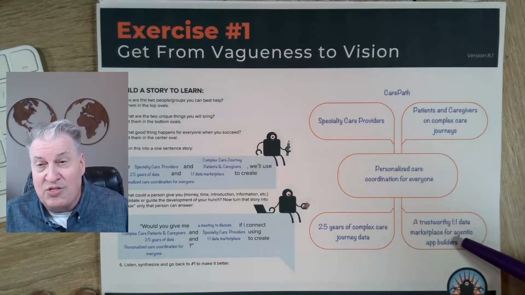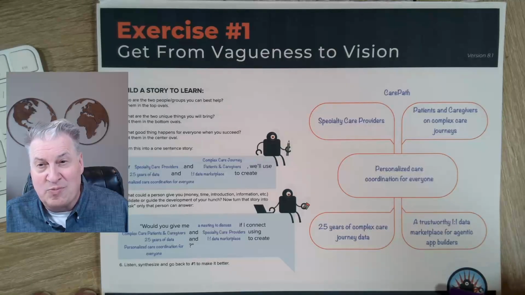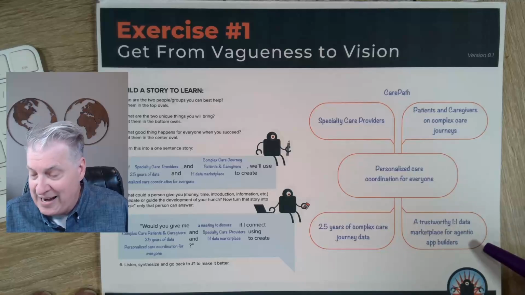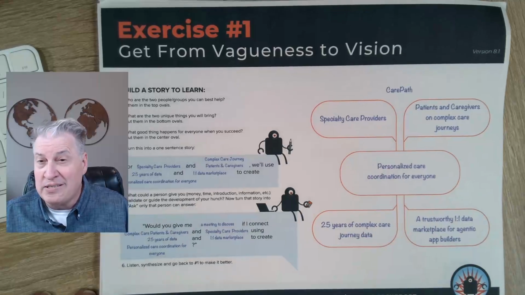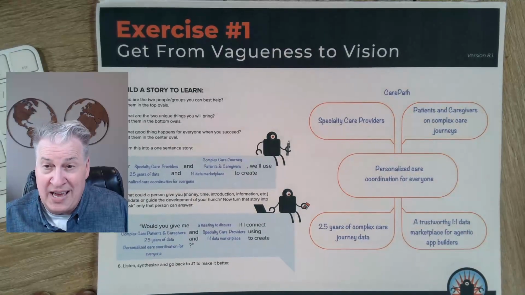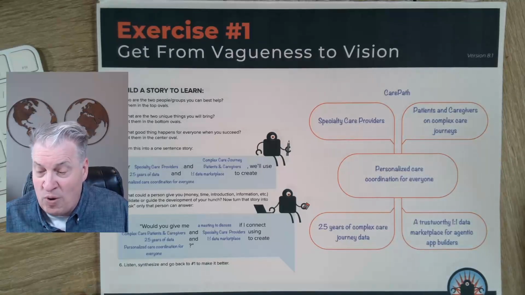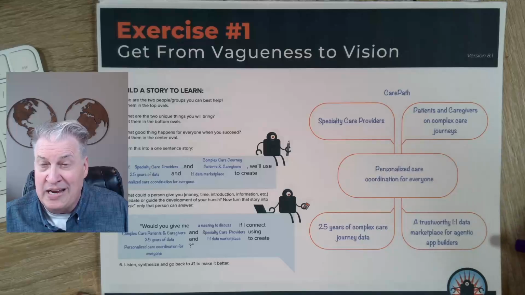The other thing that they're going to do is, rather than just an API to expose that data, they're going to really think about how they can build some kind of data marketplace for agentic app builders. So they're going to say, we're going to accept that there's all of these agentic players out there that are going to be flooding this. We're going to really stand on what we know about what these patients and the providers need.